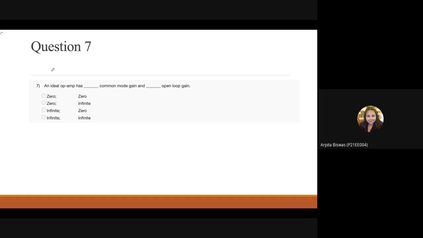For an ideal op-amp, 0 common mode gain and infinite open loop gain. Yes, option B is the right answer. Good. So ideal op-amp common mode gain is 0 and open loop gain is infinite.